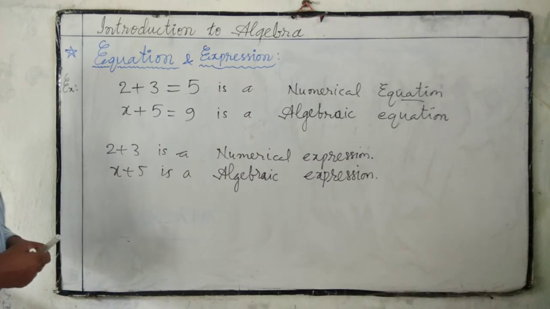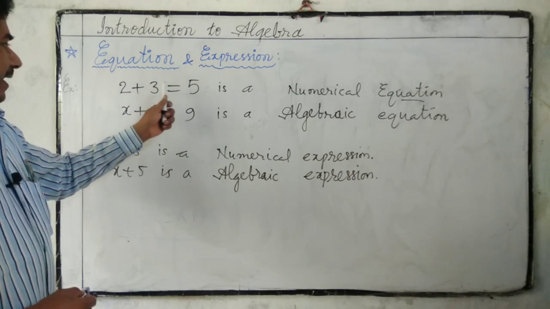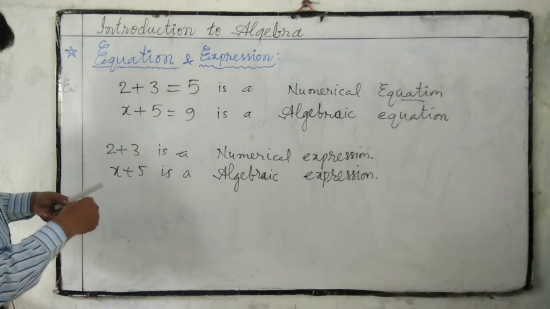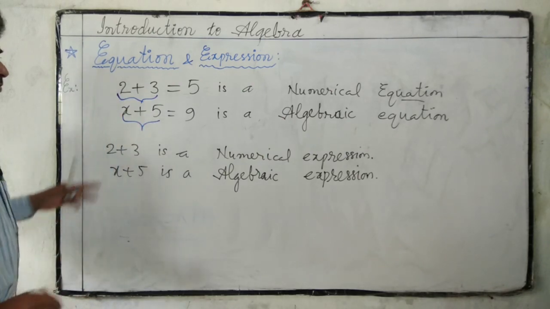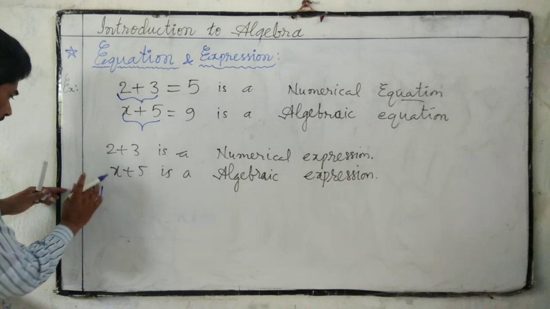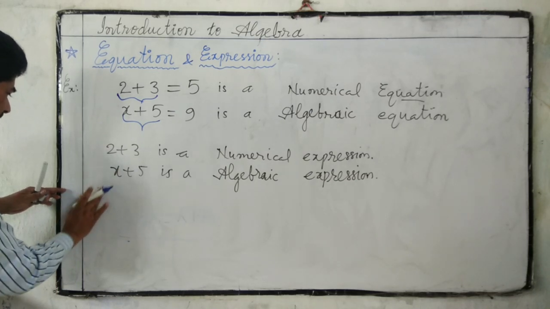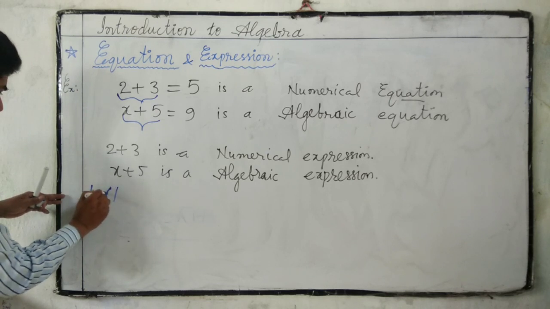In this equation, left of the equal sign is called LHS. Left of the equal sign is called LHS.